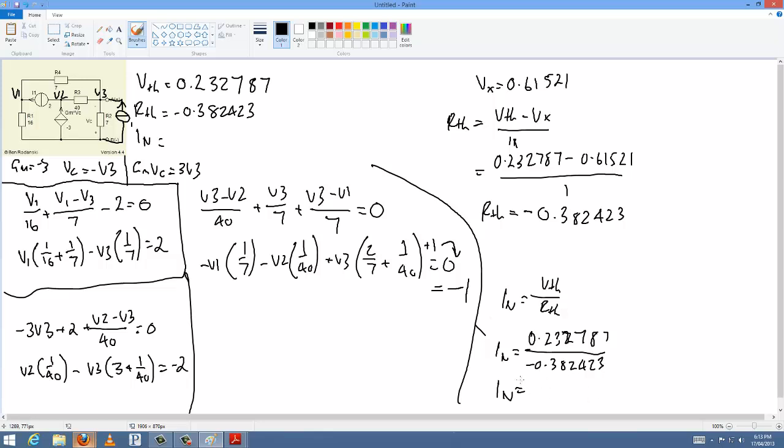And so for I Norton, 0.2327887 divided by 0.382423 equals, you really hope I'm right, 0.608716.